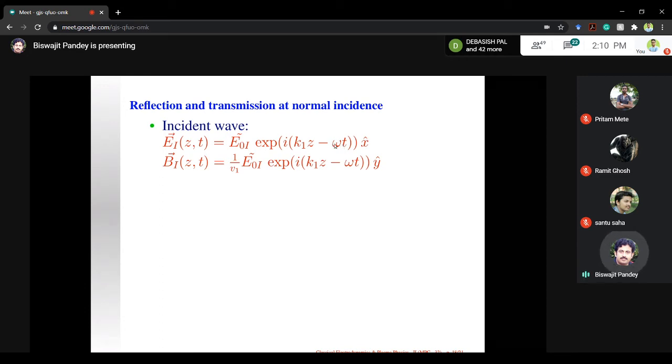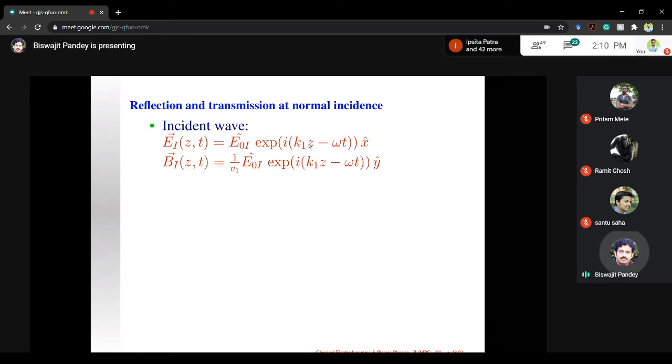And then if we try to get B incident from E incident, we have to use the same formula which we have discussed earlier. So 1 over C, here it is not C, it is the different speed, 1 over V1, K cap cross E_I. What is K cap here? In which direction is the wave propagating? Z cap. So Z cap is basically K1 cap, the direction in which the wave is propagating.